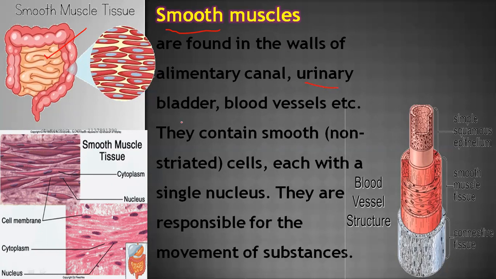They are also present in the urinary bladder, the pouch-like structure at the end of the abdomen where the urine is stored, and then they are present in the blood vessels. Here you can see a blood vessel, an artery, and here you can see smooth muscles are present.